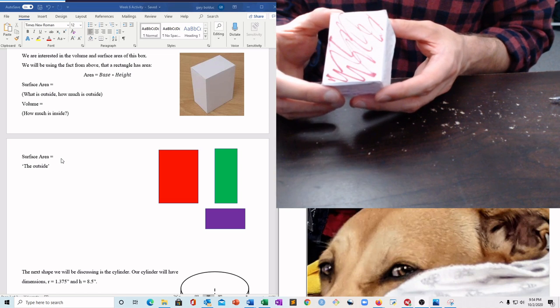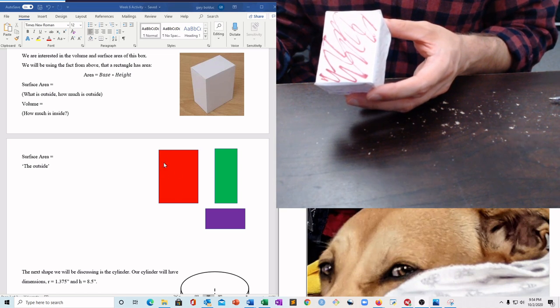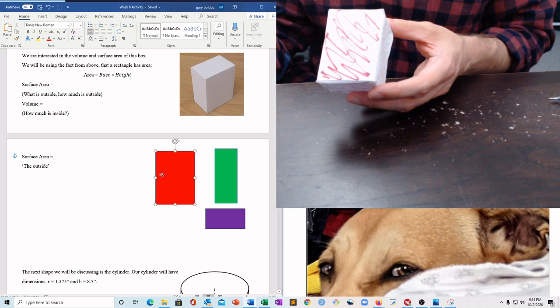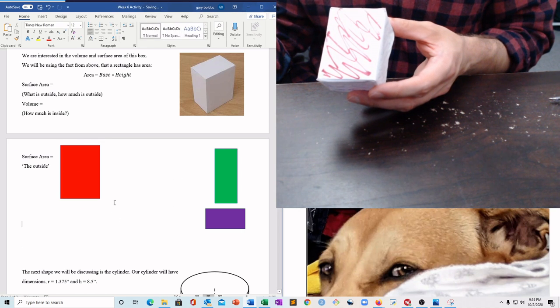For example, we see the red side here. This is a rectangle. We want the inside of the rectangle, well, that's just the area. And if we go to our formula sheet, the area of a rectangle is base times height. If I do the base times height of this red rectangle, that's going to be part of my surface area.